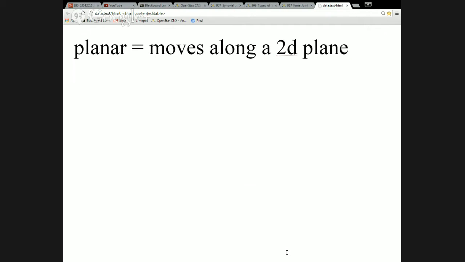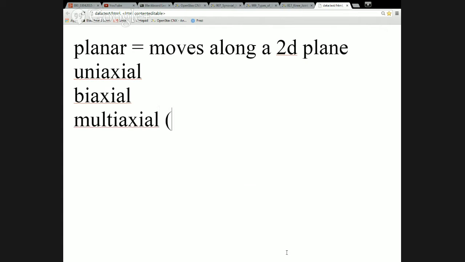And then we have uniaxial, biaxial, and multi-axial joints, which can be called triaxial, but more often they're called multi-axial. And for these 3 collectively, that's just how many different axes of movement there are around each joint.